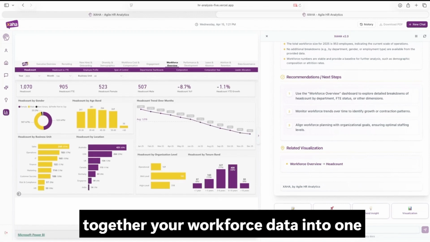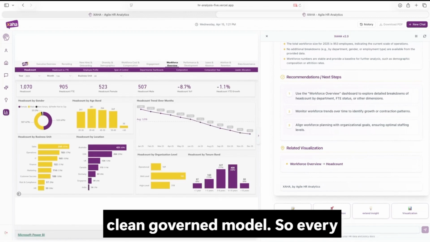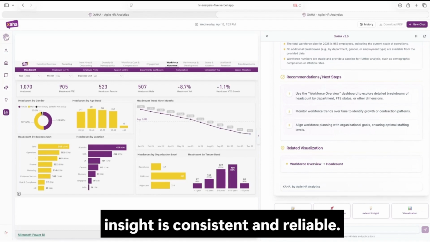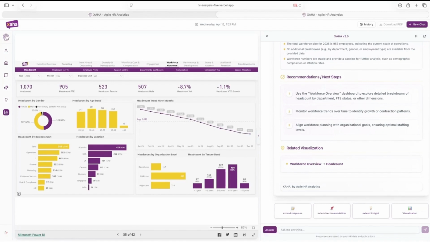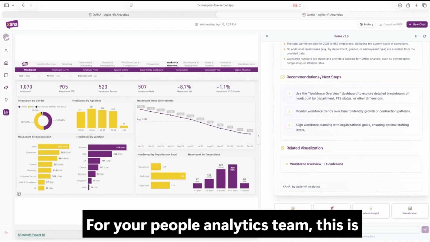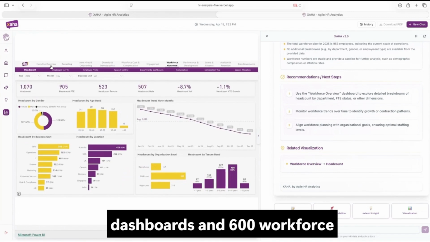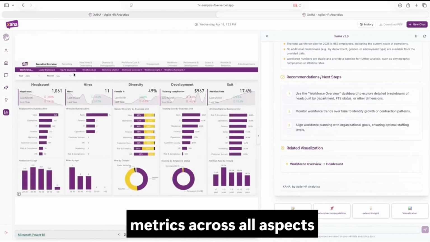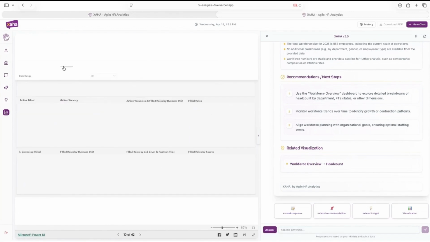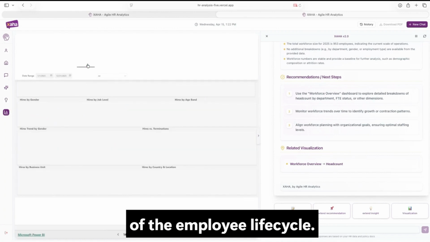AHA brings together your workforce data into one clean, governed model, so every insight is consistent and reliable. For your people analytics team, this is where they can go much deeper. Over 60 dashboards and 600 workforce metrics across all aspects of the employee lifecycle.